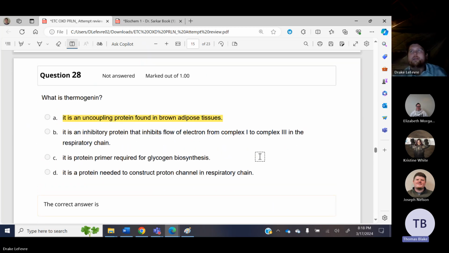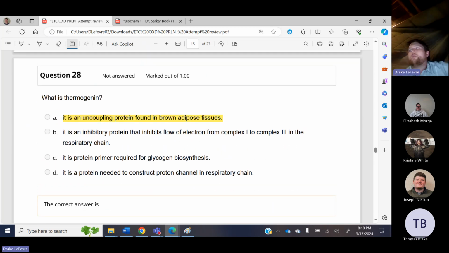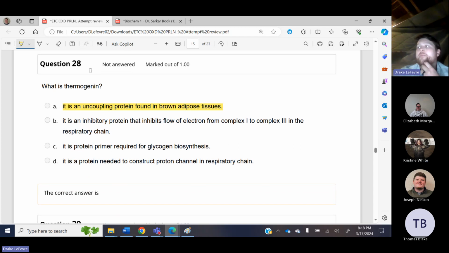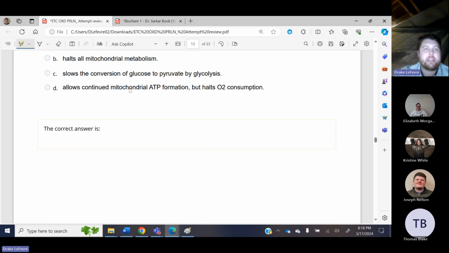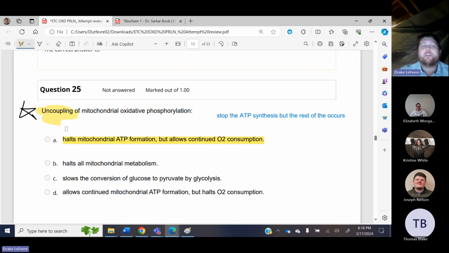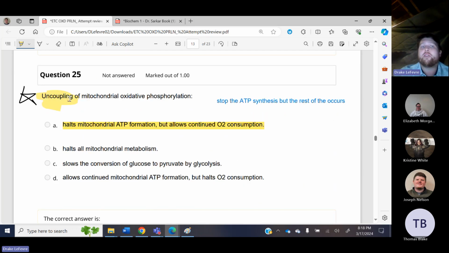Awesome. Thank you. That's why we keep flowing through it, because eventually we figure things out. So if you ask about thermogenin, that's its job. You could even ask it in this context: the function of thermogenin within brown adipose tissue.